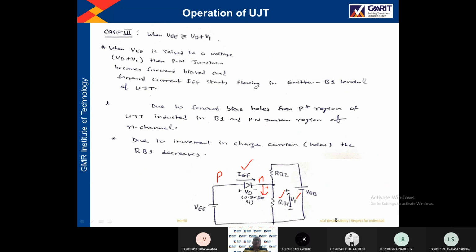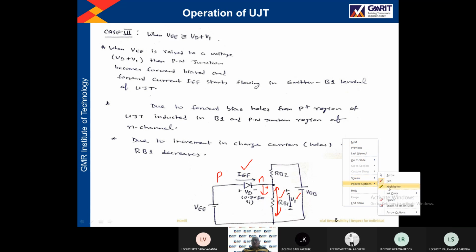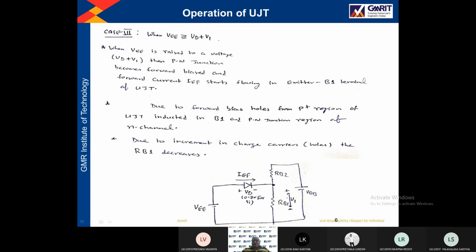If it is more forward biased, then more holes will be injected in this region. If more holes come, then again the resistance RB1 will further decrease. If the resistance further decreases, then V1 will also decrease, and again the diode will be more forward biased. So this process will continue. So now you can see that when you start operating the UJT, the value of this RB1 changes. Its value is decreasing.